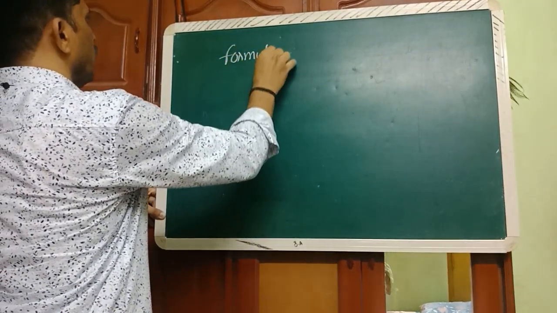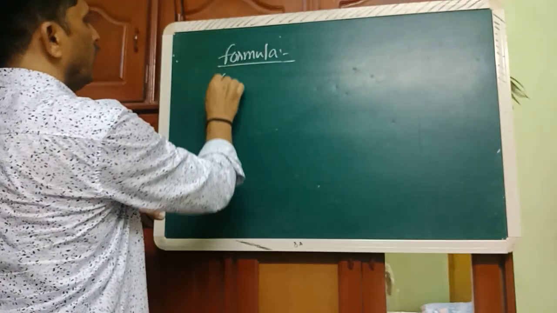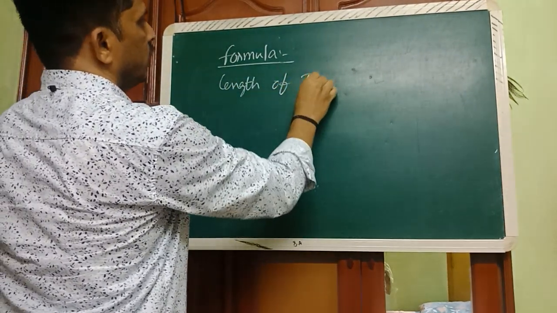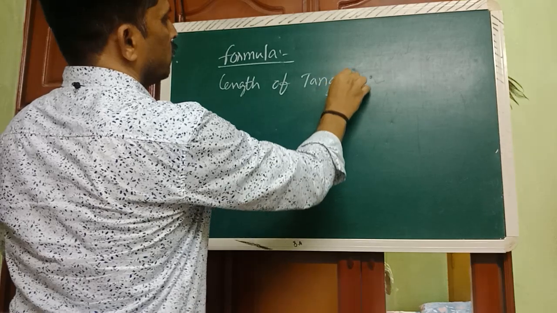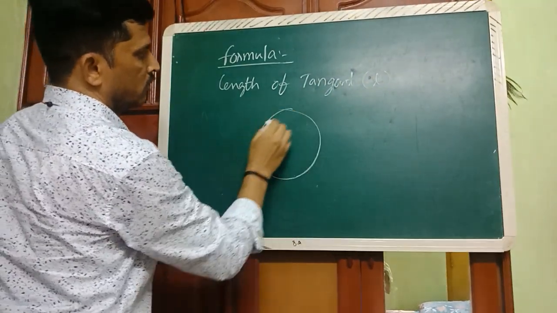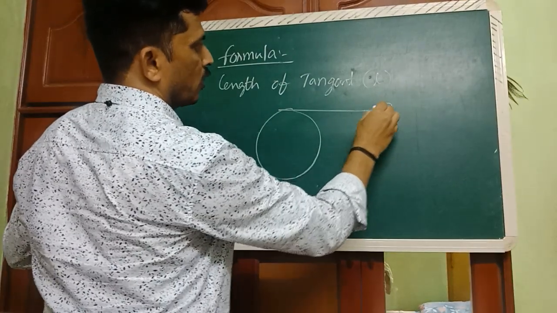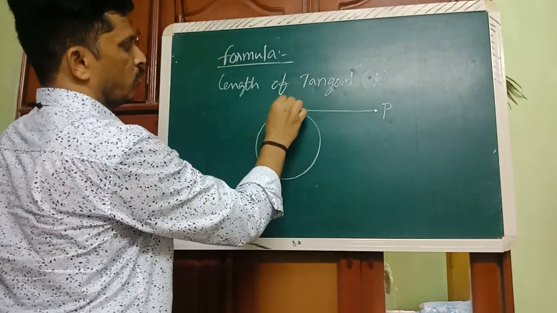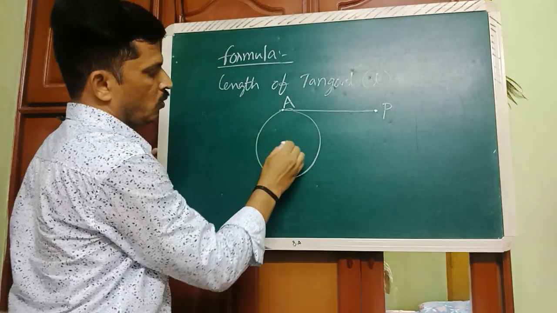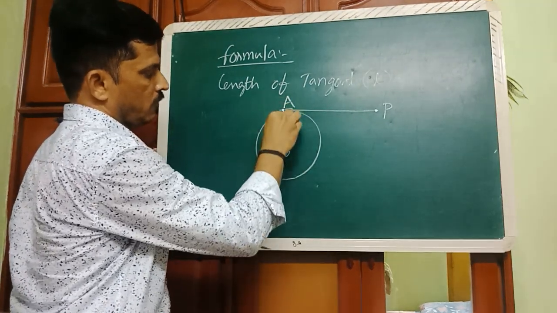What is the formula? How to find the length of tangent? Length of tangent is L. See the relation. This is external point P. Point of contact is A. O is the center of the circle.